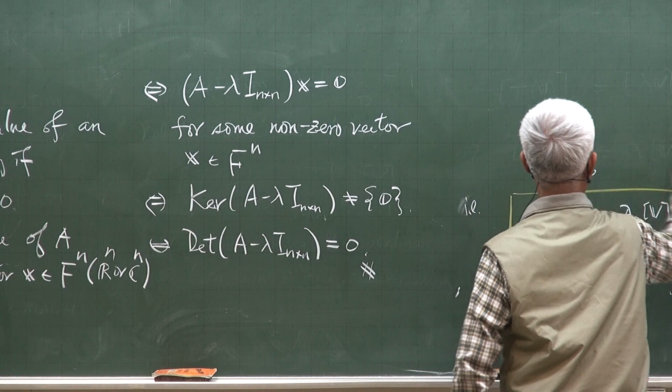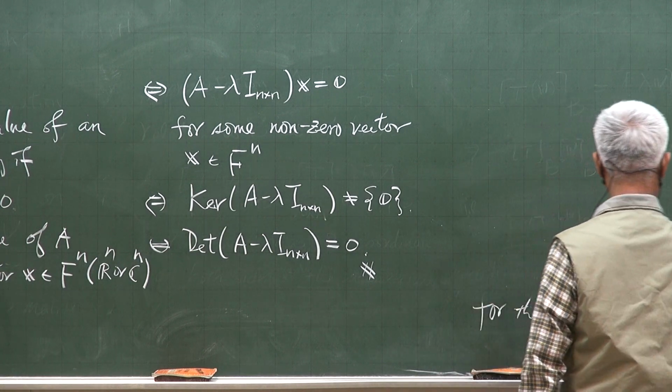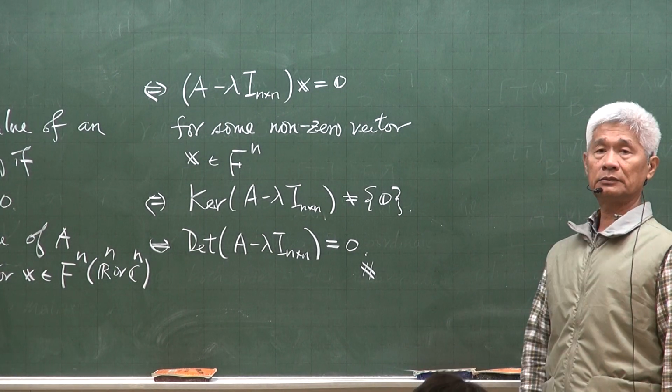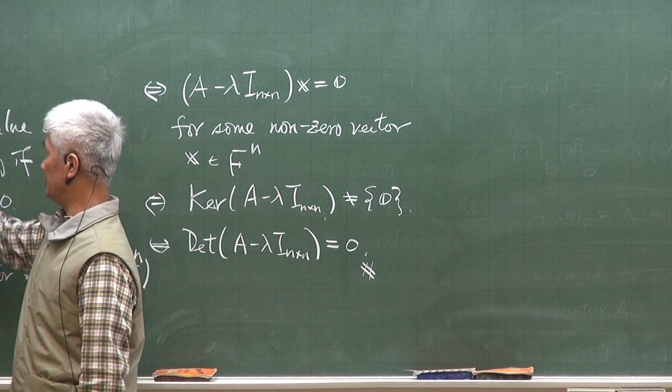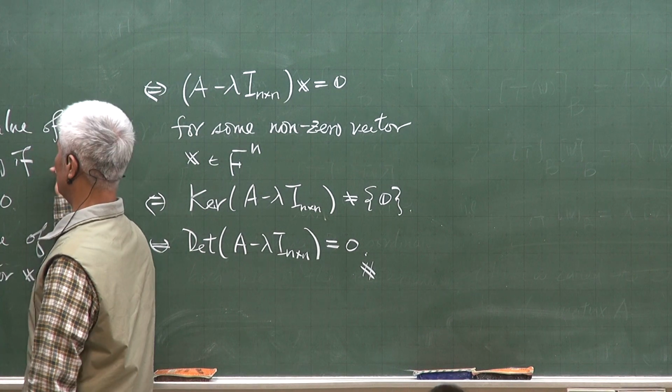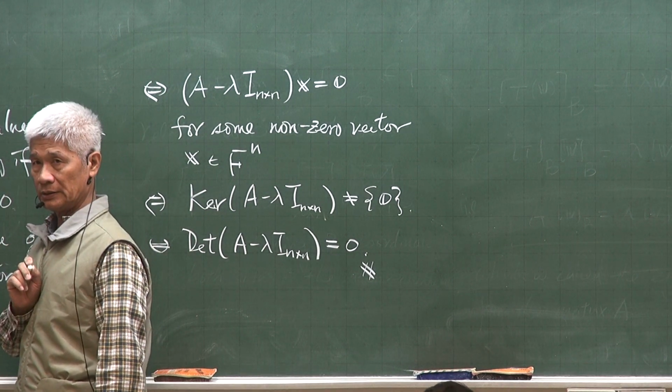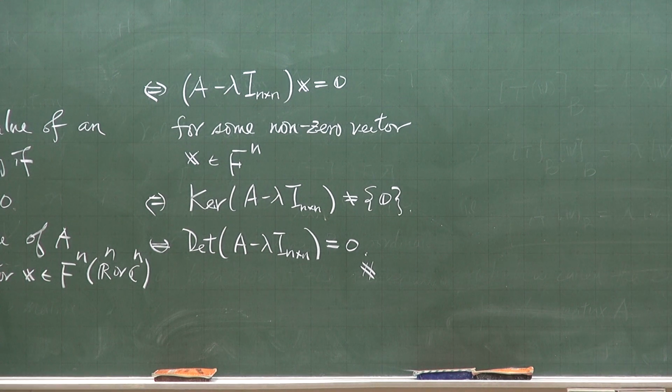So this theorem is very useful because to identify whether a scalar is an eigenvalue of a matrix, we don't need to consider eigenvectors. We just try to solve this equation, because this equation involves only the unknown scalar lambda.